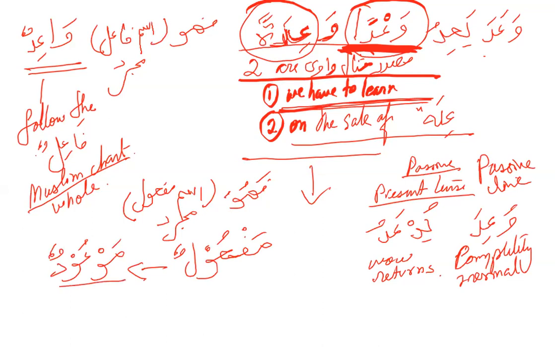No change, this is normal. That which is promised. It is used in the Quran as well: yawm maw'ud, the promised day. And it will follow the whole masculine chart. So wa'ida yu'adu wa'dan wa'idatan fahuwa maw'udun. So the passive line is also done.